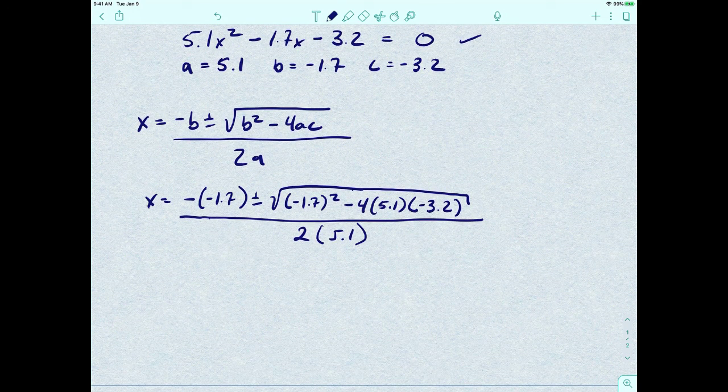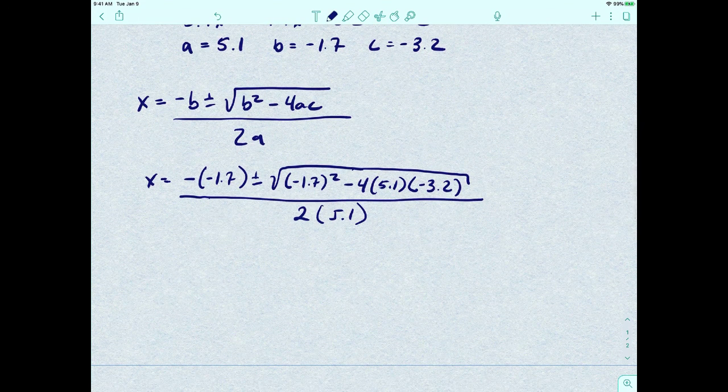So we need to do a little bit of cleanup here. I'm also going to need my calculator.